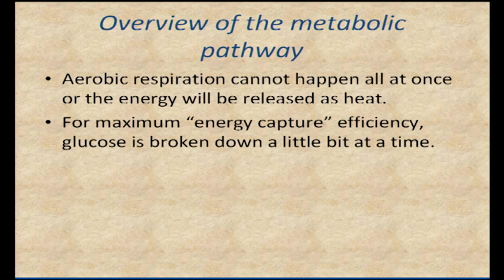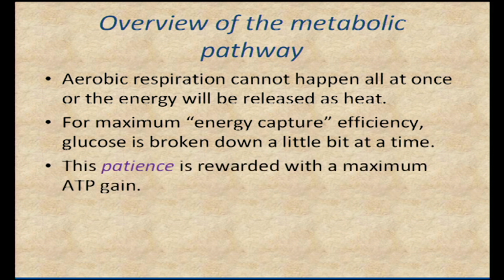So instead, what needs to happen is we need to break down glucose a little bit at a time. You start with your glucose, you break off a hydrogen, you break off another hydrogen, you break off another hydrogen. Breaking glucose down a little bit at a time is going to maximize our ability to capture that energy and use it.